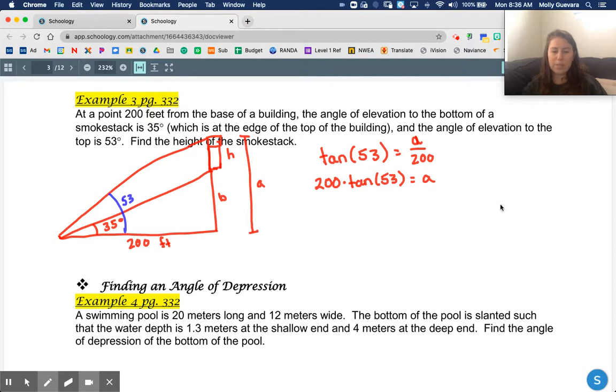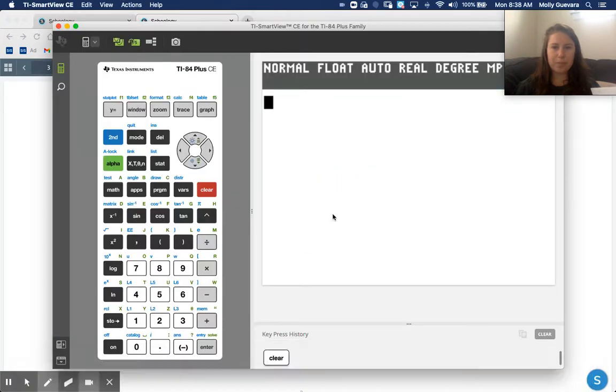Then what I'm going to do is, and I'll show you how to do this on your calculator, if I have one. Okay, so what we're going to do is save this answer under A, and I'm going to show you how to do that in just 1 second. Okay, so here's my graphing calculator.